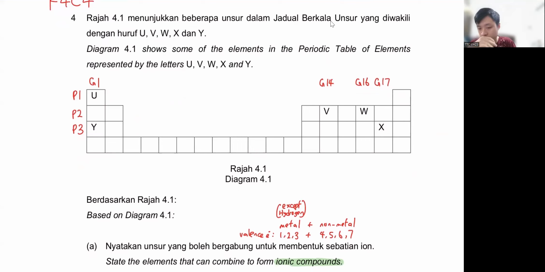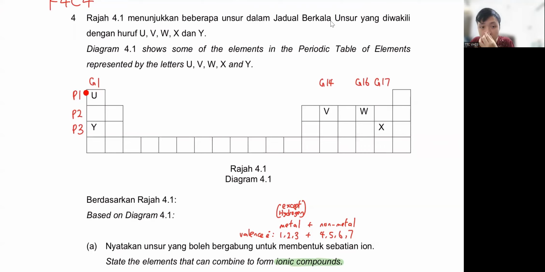Ionic compound, remember, is metal plus non-metal. Covalent bond is non-metal plus non-metal. So this one is metal plus non-metal, where valence electron for metal is 1, 2, 3, non-metal is 4, 5, 6, 7. Except for hydrogen, hydrogen is a special case, you cannot consider it as metal.